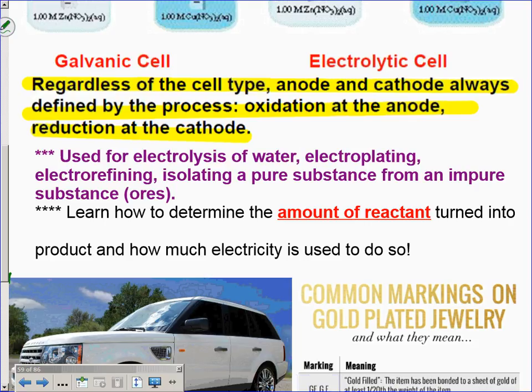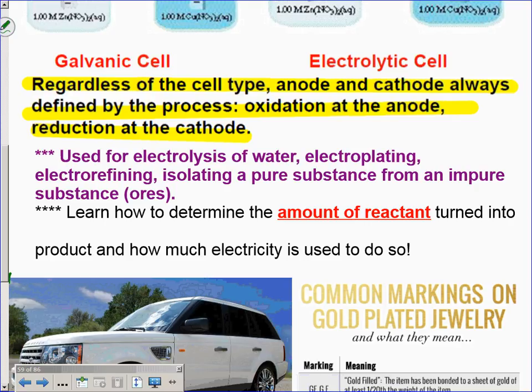It doesn't matter what you're dealing with. They are describing the process. So, for example, if I have an outside battery pushing electrons someplace, that place it's pushing them towards is the cathode, because the cathode will receive electrons. The other side of the battery will be accepting electrons from another location. That will be the anode that's giving it up. The process is what describes the terminology here.